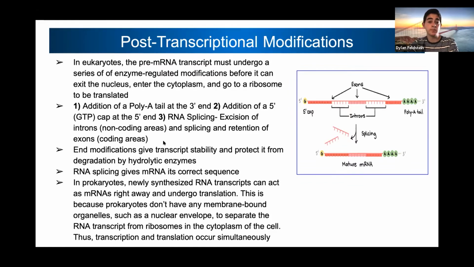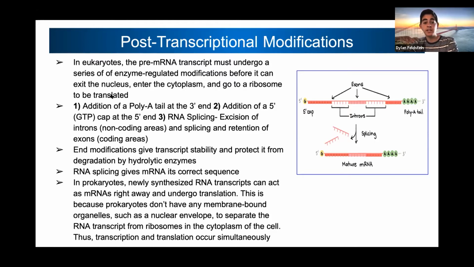So, some post-transcriptional modifications. In eukaryotes, the pre-mRNA transcript must undergo a series of enzyme-regulated modifications before it can exit the nucleus, enter the cytoplasm, and go to a ribosome to be translated.